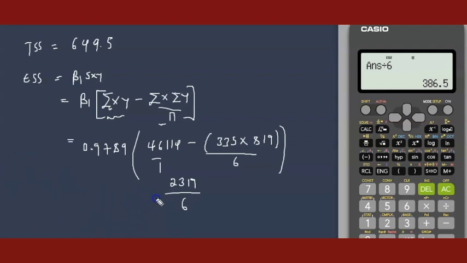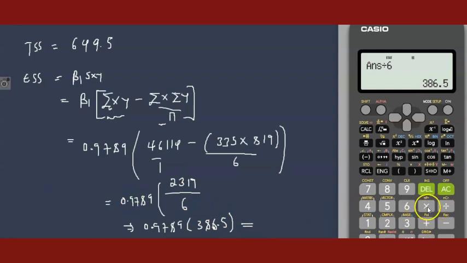So we will have this one multiplied by 0.9789. Then we'll have 0.9789 multiplied by the final one, which is 386.5, like that. And this is just equal to, let's just use the breakdown.